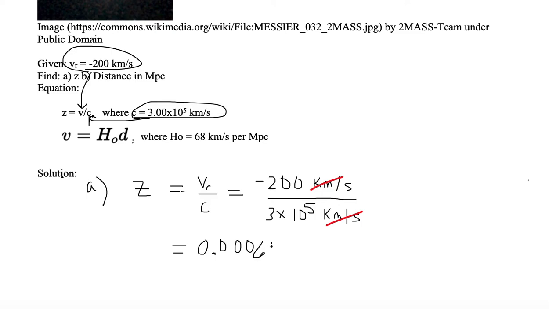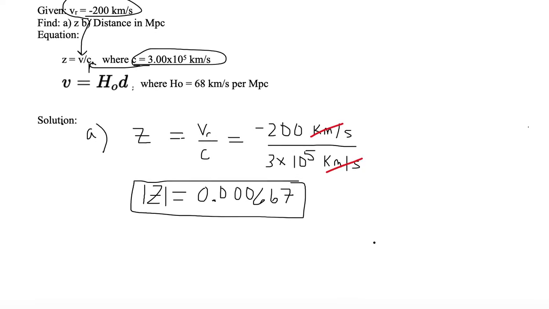So 0.000667. And it's unitless, so I'm just going to go ahead and put a z here. And then I made it the absolute value. I dropped the negative, so I'll go ahead and put the absolute value sign on the left-hand side, indicating that I'm just looking at just the number, not the direction.